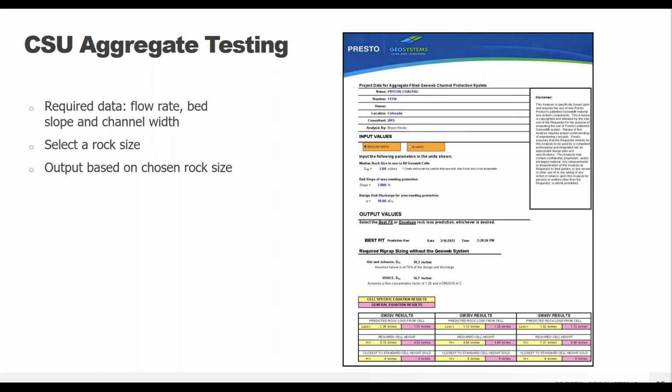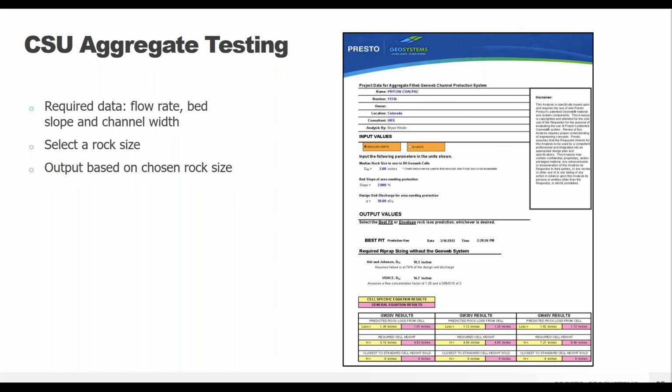The regression analysis is a lot and not necessarily the most important, but what it comes down to is we can recommend the appropriate cell size and depth, and then also the rock size for a specific individual project so that you can be confident that the aggregate placed isn't going to be washed away.